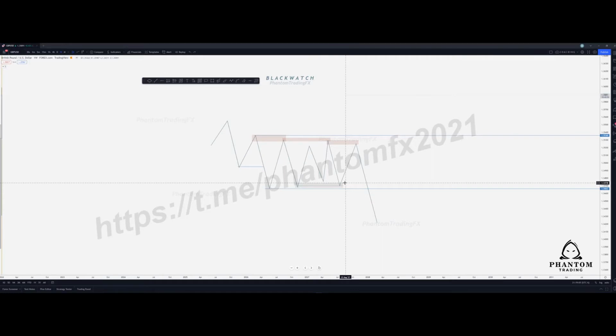Because if you've had a massive push to the downside, you get a huge demand, there's no way that you'll have enough orders in the book to sustain another move to the upside. So what they do is they just sit in this range, they get buyers into the market, they get sellers into the market, and orders are just accumulated over time, and then price pushes up, price goes down, pushes back up, and so on and so forth.